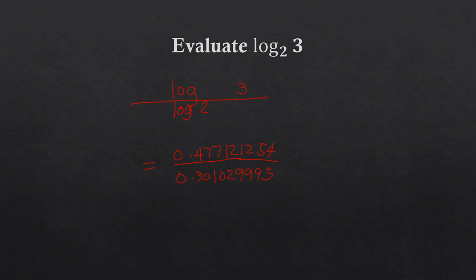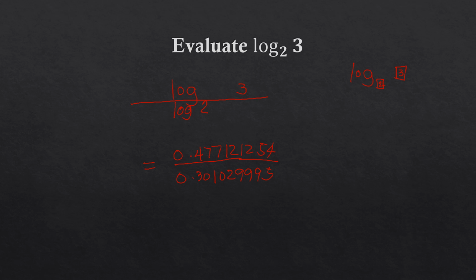Now, you can actually go for that right away in your calculator. There are calculators that have a function like this, and you can make use of that one. You can just input the number 3 here and the number 2 in there if you have that calculator. But if you don't have that, then you have to go through the change of base. And then you will be inputting on the calculator log of 3 divided by log of 2.